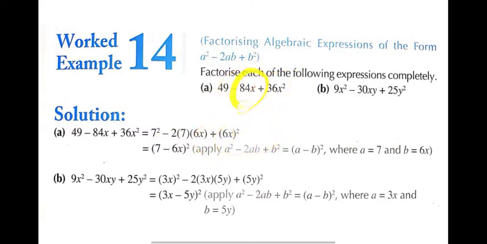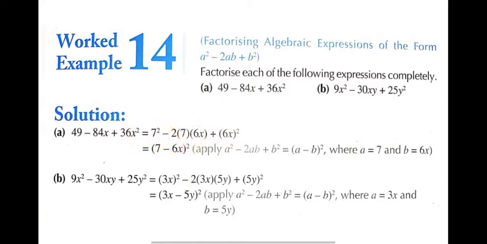So the 84, first we want to divide by 2. We will get 42. And then because it's 6x here, we want to divide the 42 by 6, and we'll get 7, which is the same as this one.